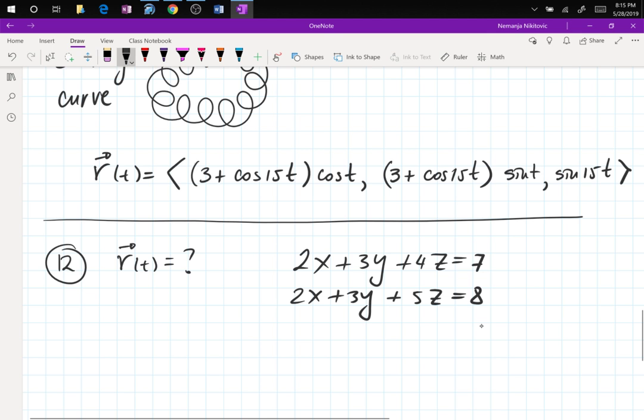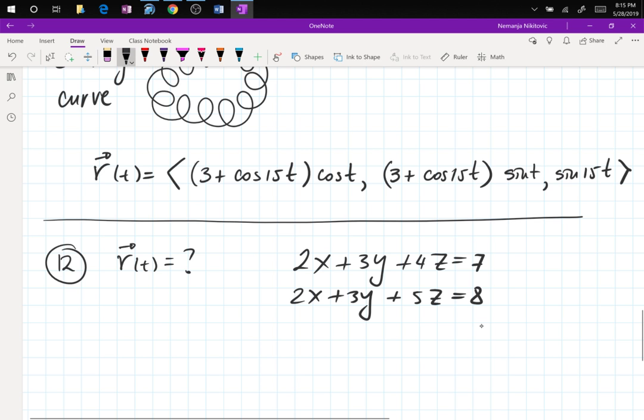Finding the angle. How would you find the slope? Cross product of the normal vectors. There we go. Cross product of the normal vectors.